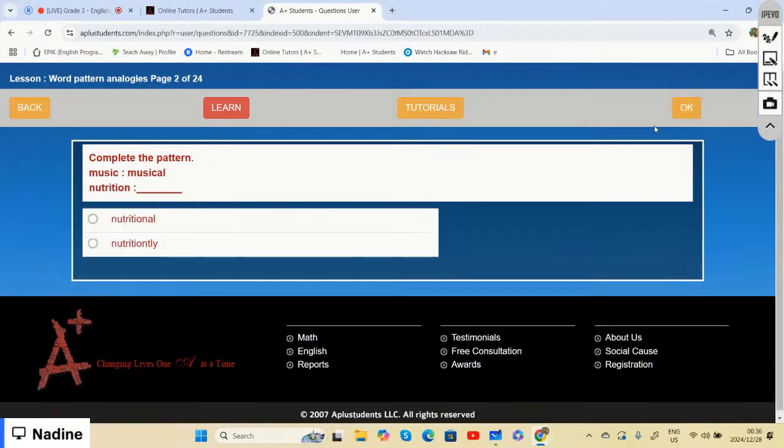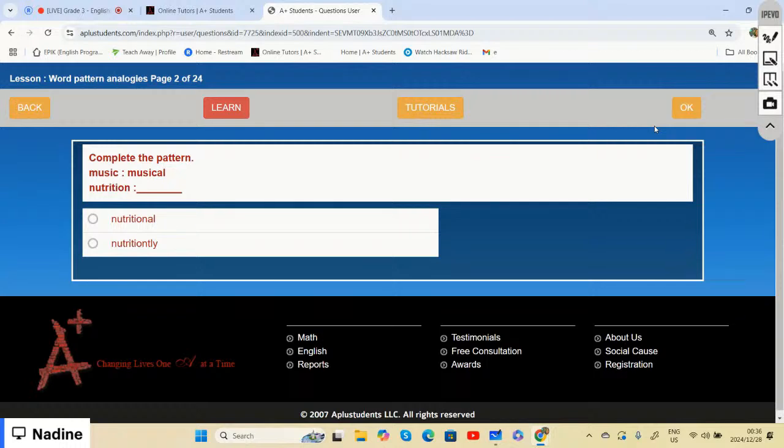All right, the next one says music. If you're into music, you are very fond of music. That means you constantly follow or are into musical things. But now, nutrition. If you follow a diet, you're all about nutrition, food, eating right.